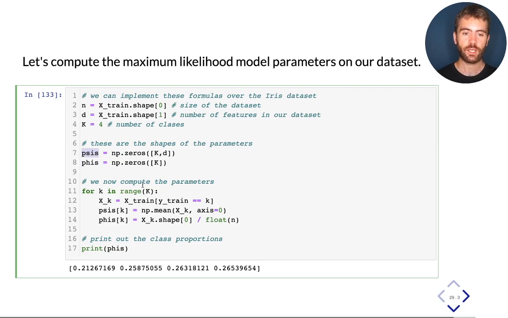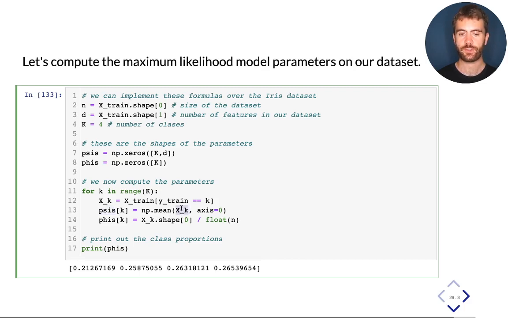And now for each class, I look at the subset of the data that has class k, and my vector psi for class k is simply the number of times that I have seen each word within the subset of the data that has this class.